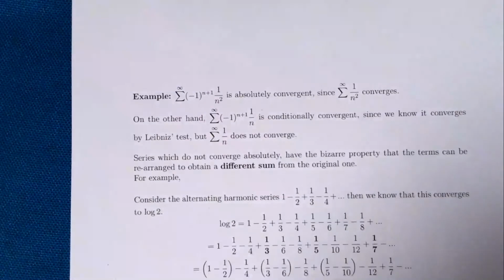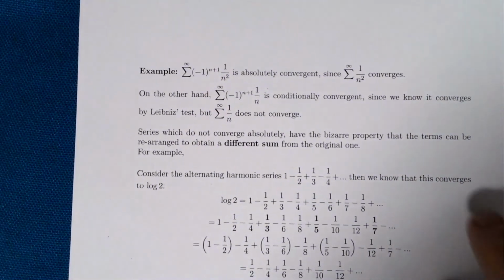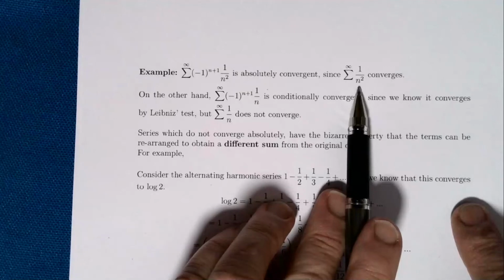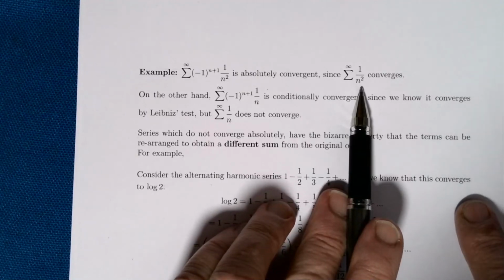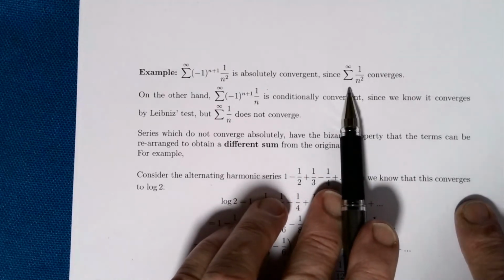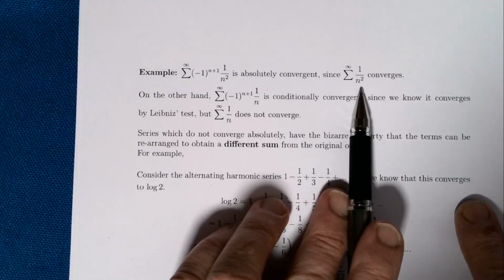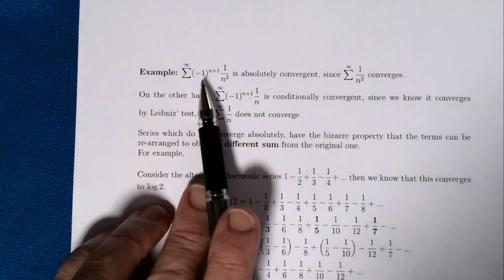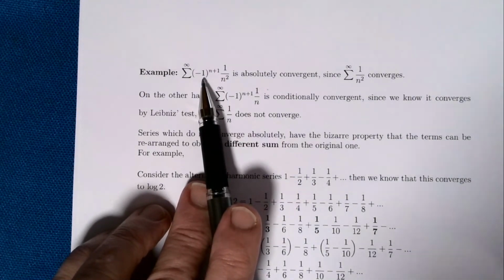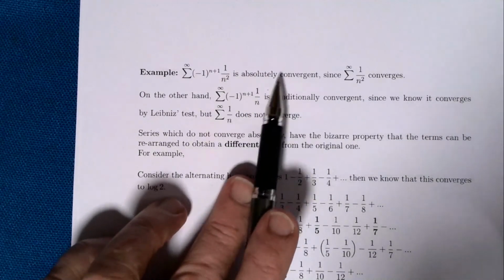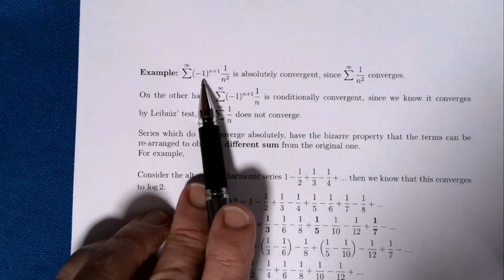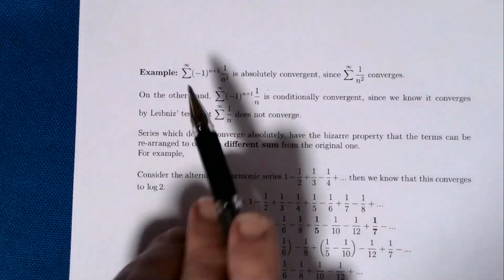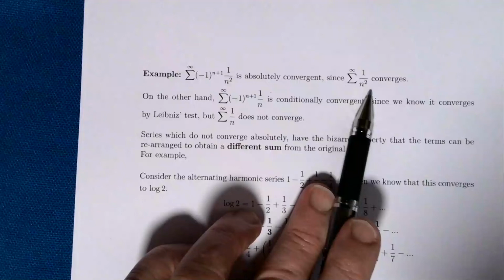Now, as a simple example of that, if we take Euler's series, and we know that this converges for n equals 1 to infinity. If I look at the alternating version of this one, making every second term negative, then this one is absolutely convergent, because if you take away the wobbly terms, the series you get converges.